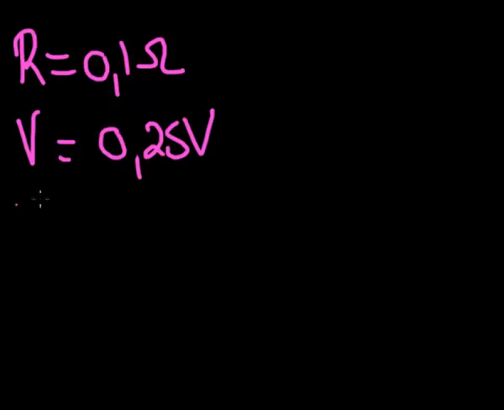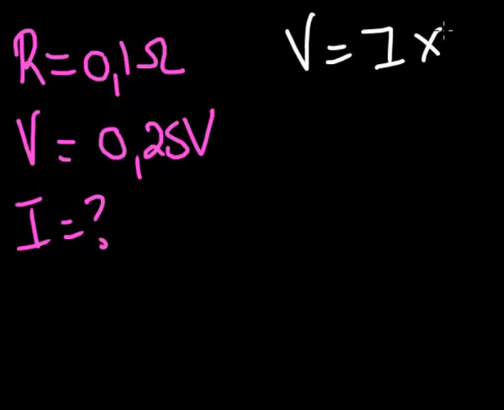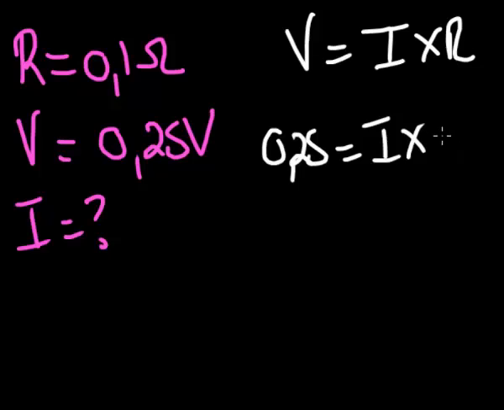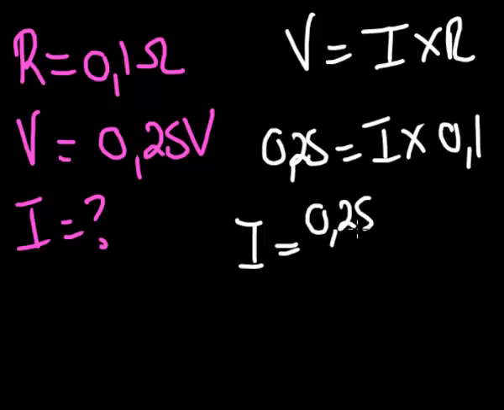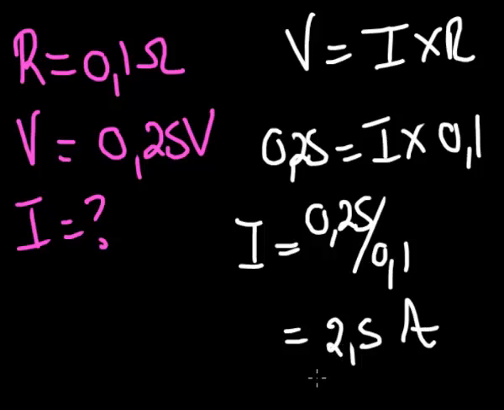So you can calculate the current using our formula V is equal to I times R. So we will be using our 0,25 volts in order to calculate our current, which will multiply with the resistance of 0,1. So to calculate my current, we'll take the 0,25 divided by my 0,1 and end up with 2,5 amp as my final value for my current.